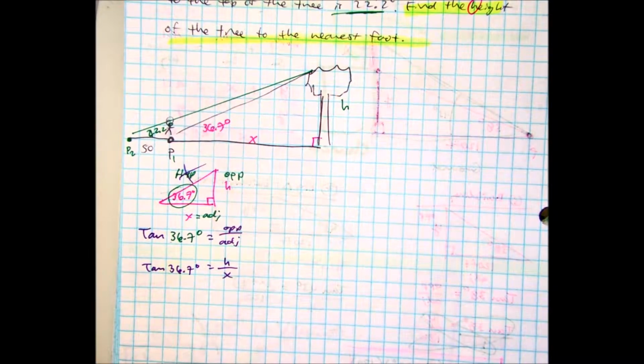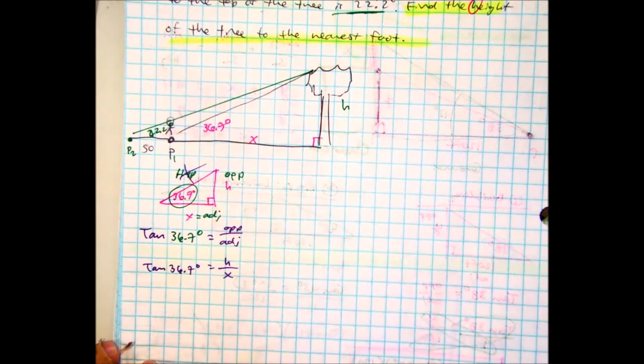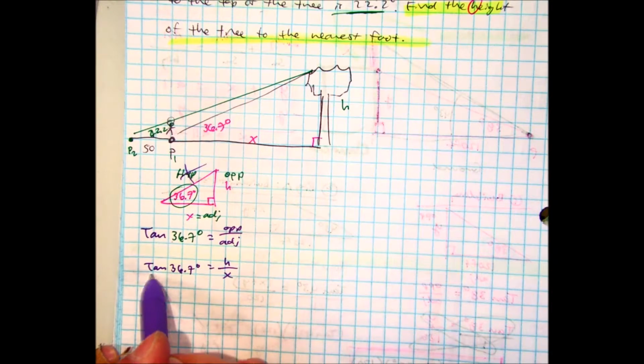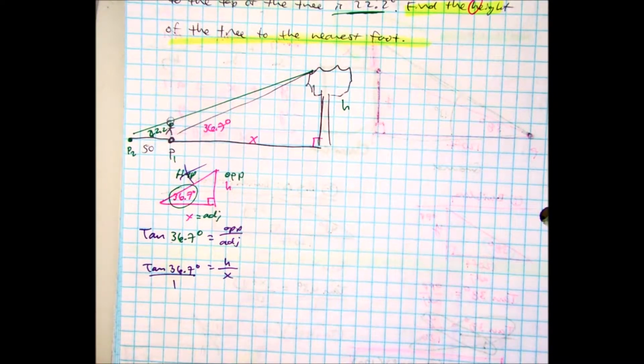Raise your hand if you got this far. Okay, now you just pick one of the variables. It's okay if you actually solve for x, I think your answer will be the same, right? So here I'm going to solve for h. I'm going to put it over 1. And now I can do what?